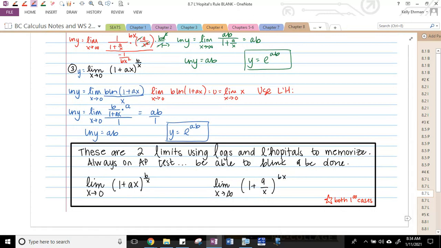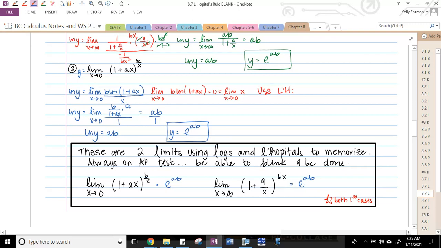You can save yourself a lot of time in multiple choice if you can just say, oh, I know that's e to the ab, and I know this one's e to the ab. The only time you have to be careful is that sometimes b will be a fraction, like 1 plus a over x to the x over 2.